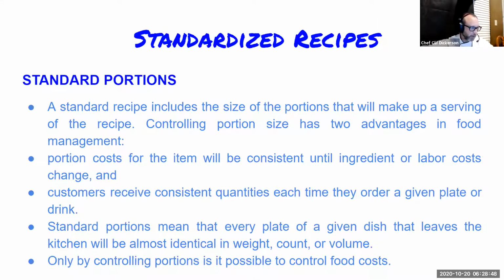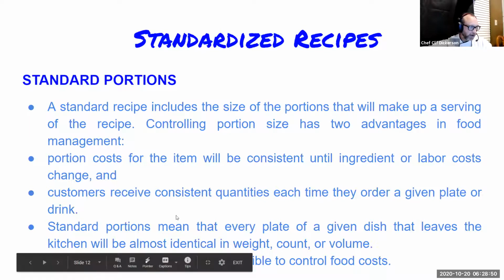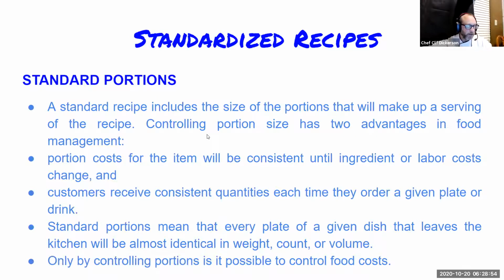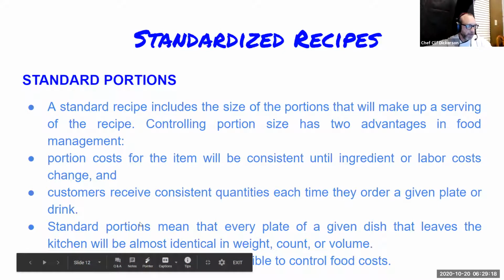That also helps determine if the recipe is going to be able to produce the food in time. Is it going to be too expensive, whatever else? So a standardized recipe gives you all of that information.